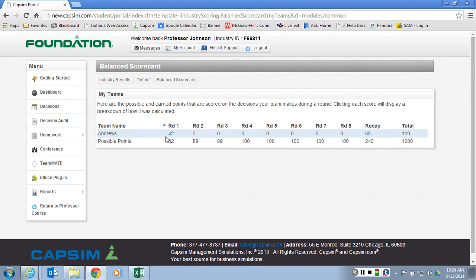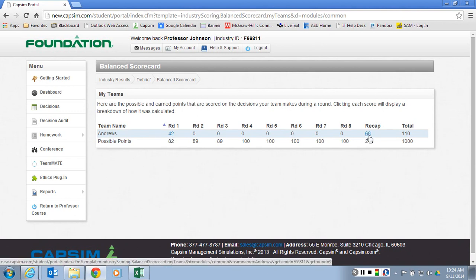This score can go up and down. So like if we did a lot of investing, we didn't have really good profits one round, then your score may take a one round dip, but then due to all that investing it shoots back up. This score right here won't fluctuate as much. Hopefully it'll be gradually increasing as your company grows and improves.